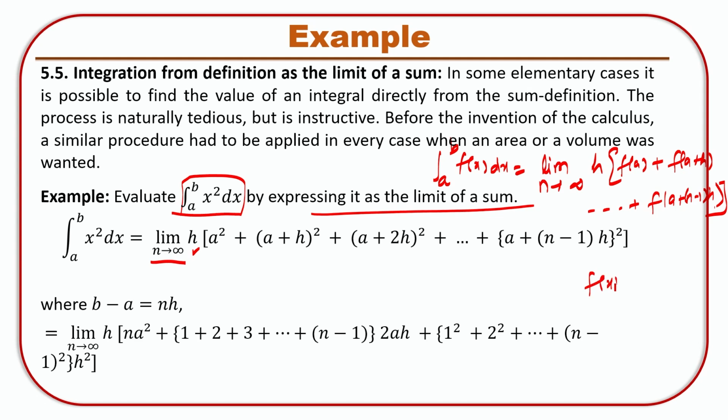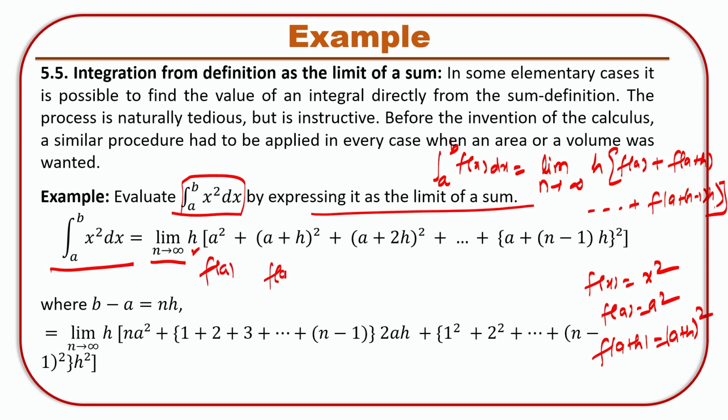f(x) is given, f(x) equal to x square, hence f(a) is equal to a square. Similarly, f(a plus h) is nothing but (a plus h) whole square. You have to put in place of x: a plus h, a plus 2h and so on. So, the integration from a to b of x square dx can be written as the limiting value as n tends to infinity of h into a square, that is f(a), then f(a plus h) and so on, right.